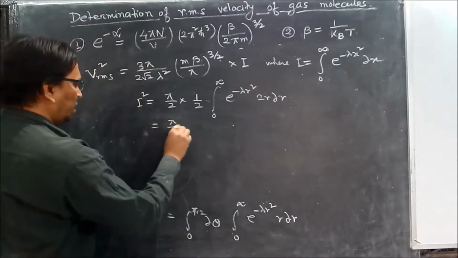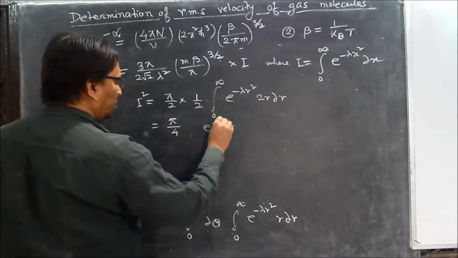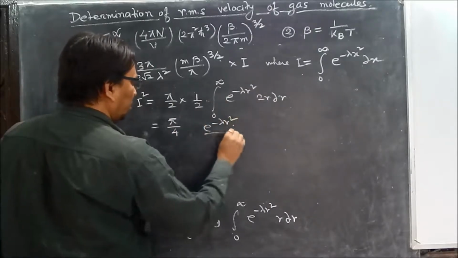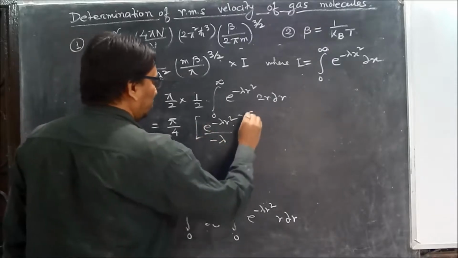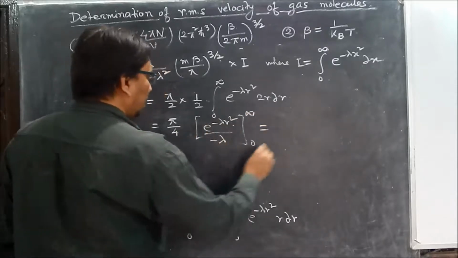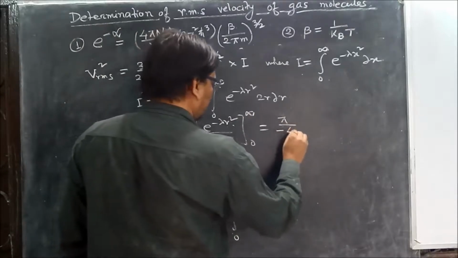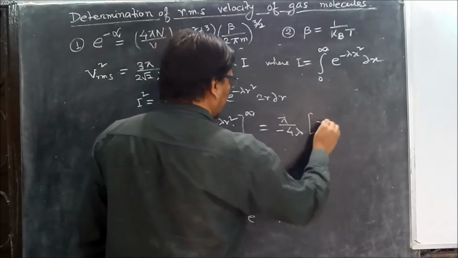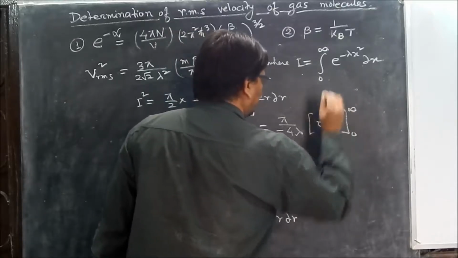So this will be pi by 4, and this integral will be e to the power minus lambda r square by minus lambda, from 0 to infinity, which in turn will give pi by minus 4 lambda and e to the power minus lambda r square from 0 to infinity.